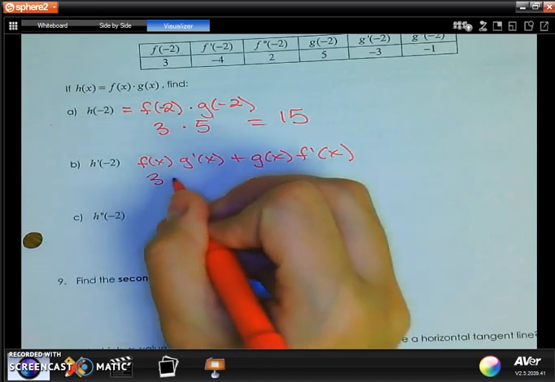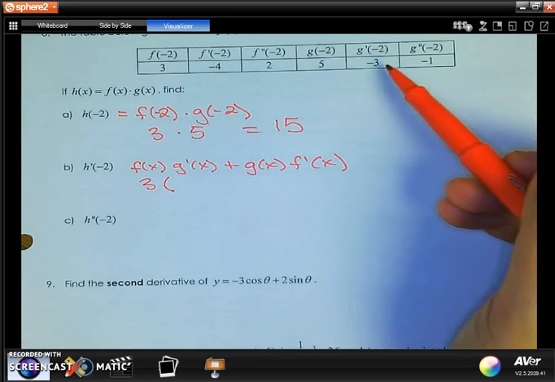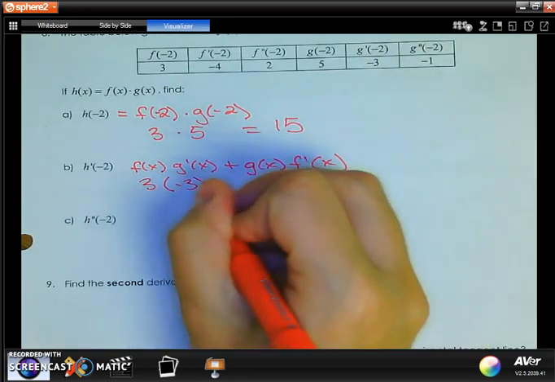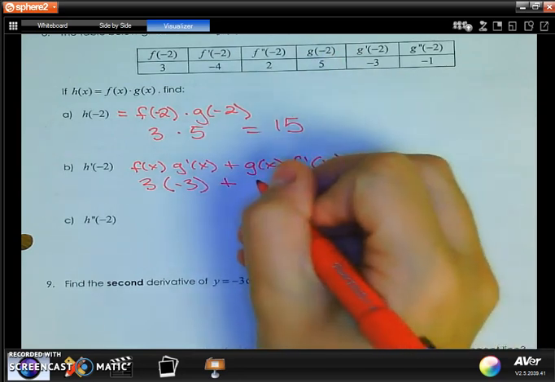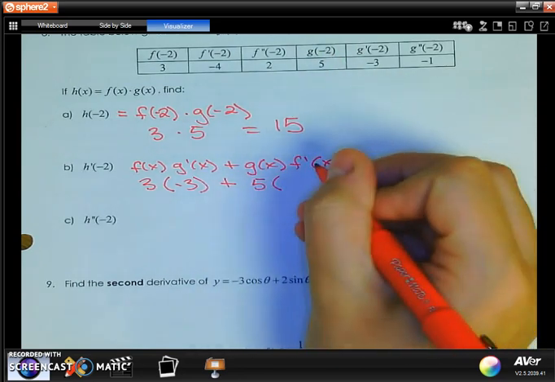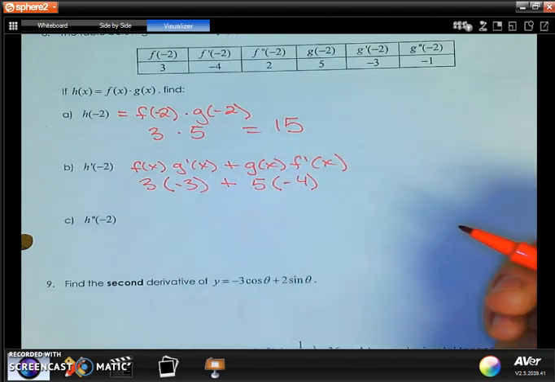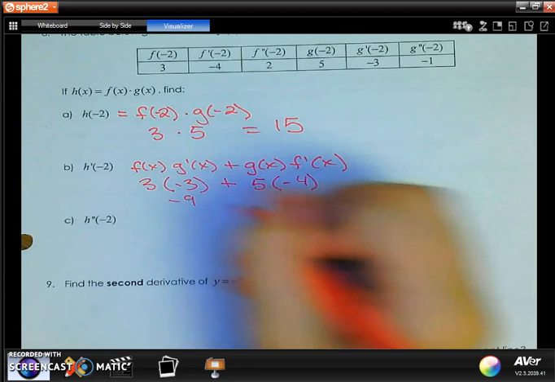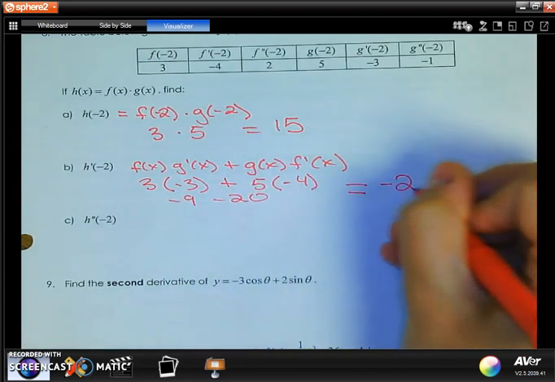So you've got 3 times g'(-2), and g'(-2) is negative 3. Plus g(-2), which is going to be a 5, and f'(-2) is a negative 4. And from there, you're just cleaning up. That's negative 9 minus 20. So my final answer there is going to be negative 29.